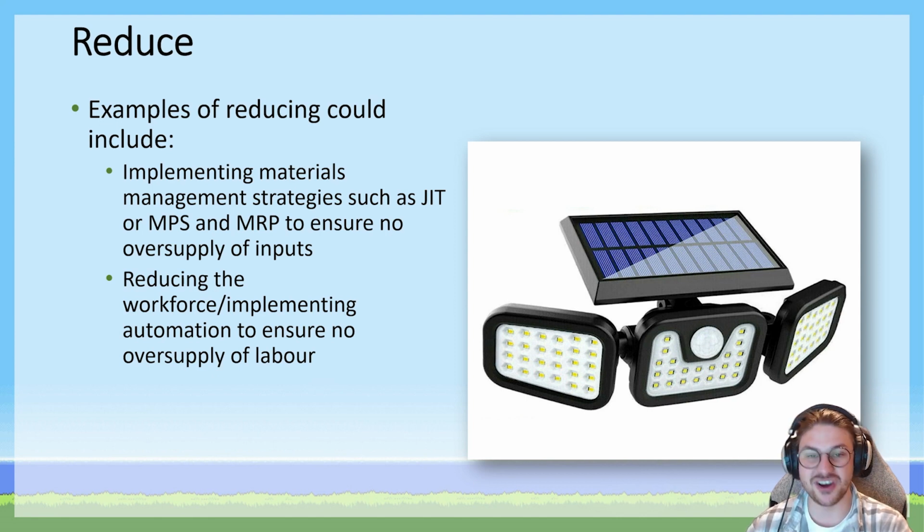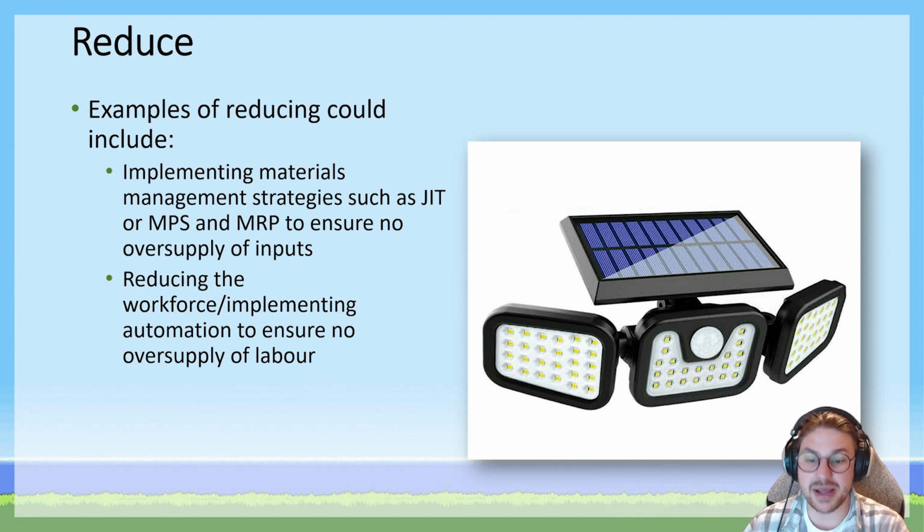It will save time, and it will prevent defects because you're no longer preparing for the human element and accidents and mistakes that humans can make in your production line. And certainly if you implement materials management processes like master production schedule and materials requirement planning, you can ensure that you've got a very clear list of all of the inputs required to conduct your operations so that you're not making mistakes purchasing more than you need.